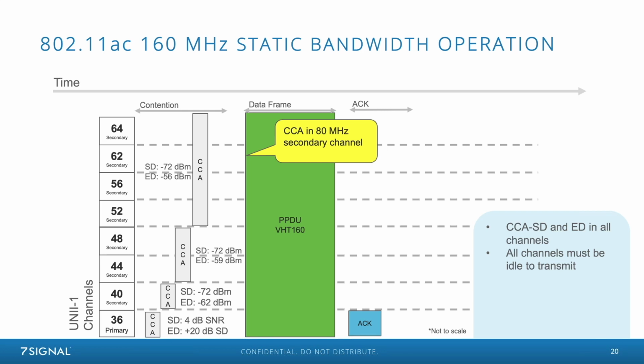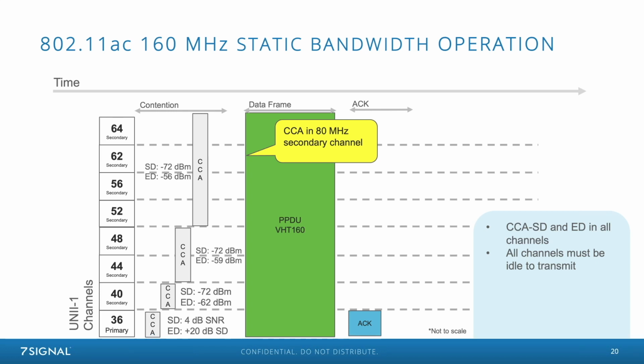And again, with static bandwidth operation, the full 160 megahertz has to be idle from our CCA check to transmit at all. So now we're running the risk, with a channel this wide, that we could be blocked in some of these secondary channels from transmitting our wide data frames at all. Something to be aware of there.